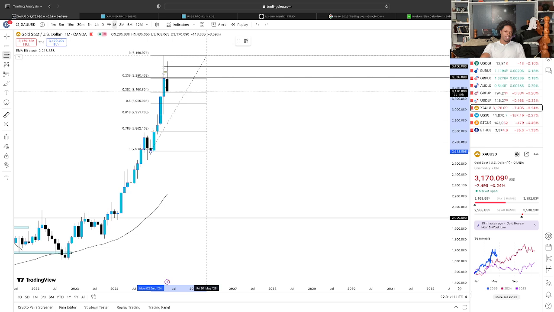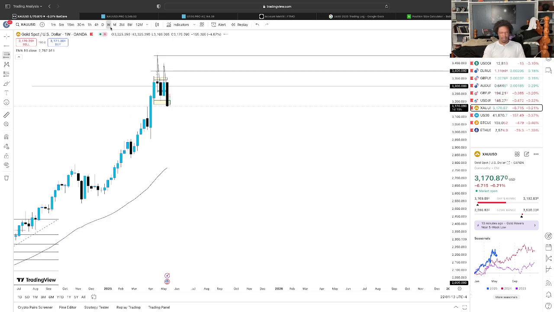If you go to the weekly time frame, price action has created a bearish Marubozu candle. It has fallen 154 points from its opening price of 3,325. Currently, price action is still bullish, and this could very well maybe be a counter trend here.